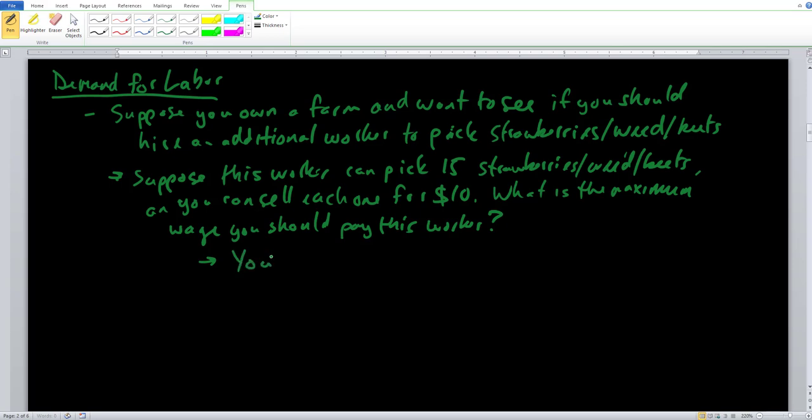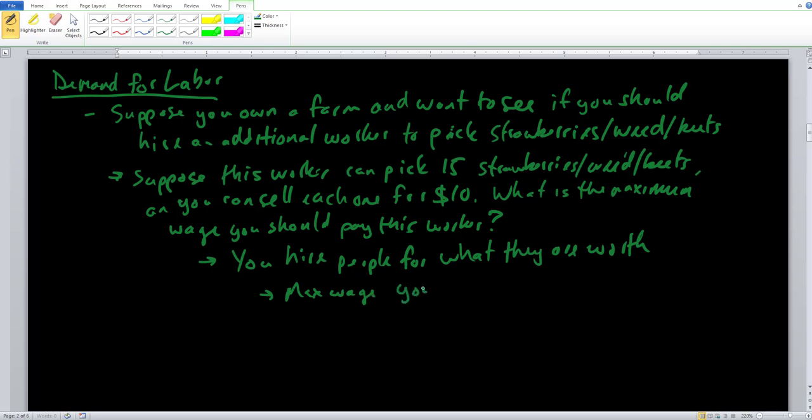So to answer this question in economics, you simply say you hire people for what they are worth. In this case, this one worker is worth $150 to you, so the max wage you should pay is $150.